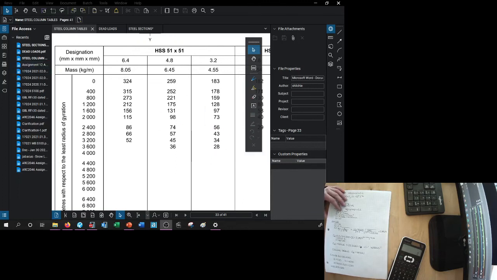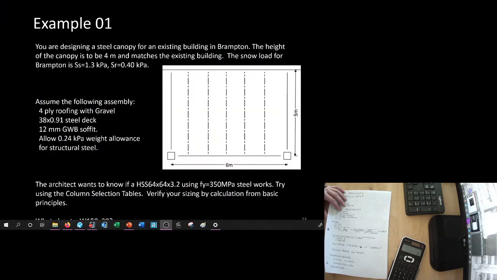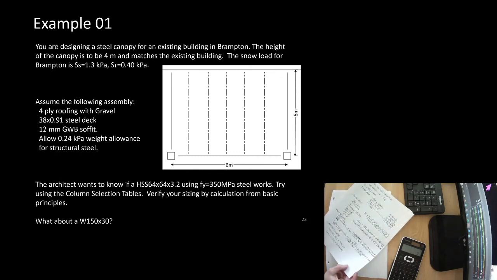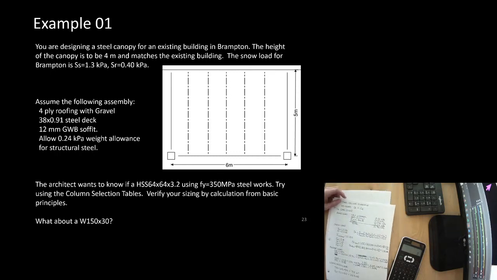So we had 2 different columns they wanted us to check out. They also wanted us to check a W150 by 30. Here is the good part about this. Everything we did to figure out the loads, that stays the same.